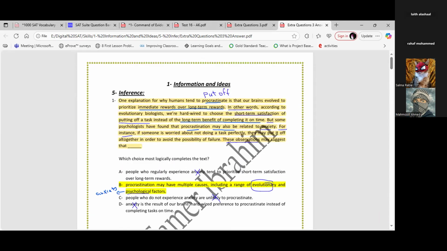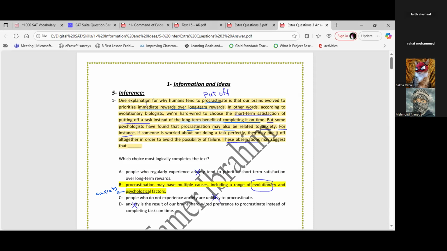It says, this observation may suggest that. I don't get any information, so I'm going to take a sentence before. For instance, transition, take a sentence before. But, contradiction, take a sentence before. In other words, transition, take a sentence before. So like that, I'm going to read from the beginning and find the repetition or the main thing that I'm going to build my inference upon.